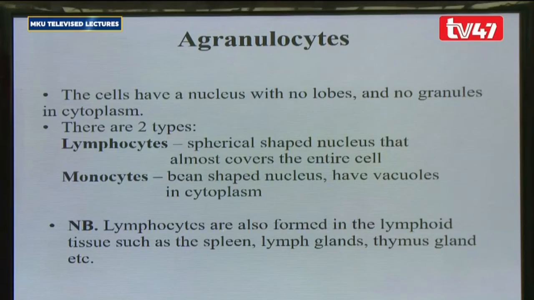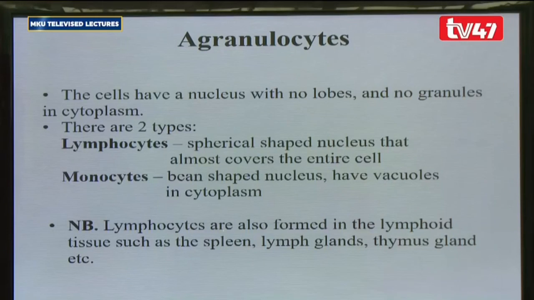They have a spherical nucleus that is large and almost covers the entire cell. The monocytes have a bean-shaped nucleus and they have vacuoles in the cytoplasm. Something to note about the lymphocytes: they are formed in the red bone marrow like every other white blood cell, but they can also be formed in lymphoid tissue, such as the spleen, the lymph nodes, and so on.